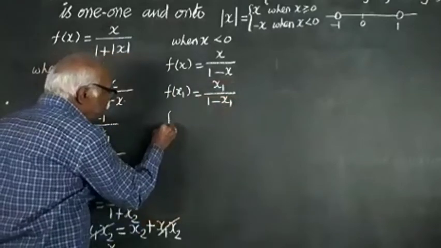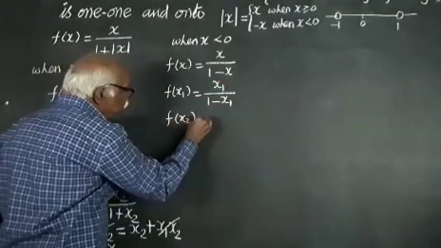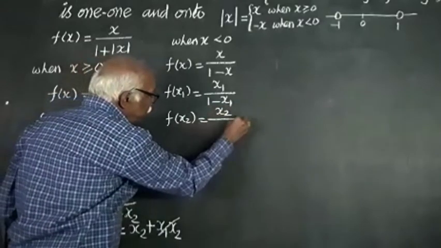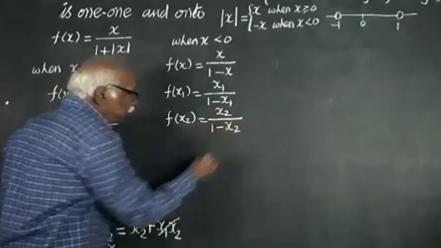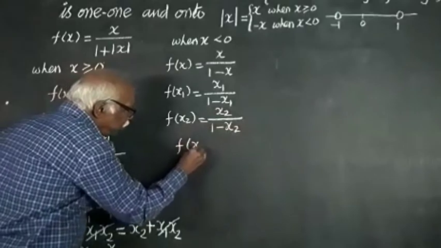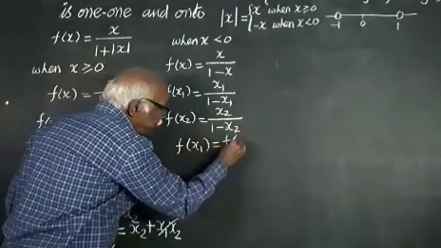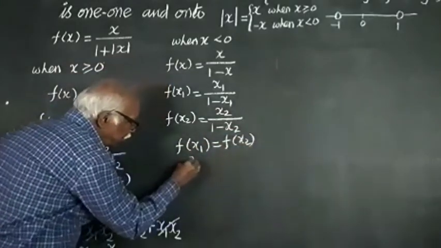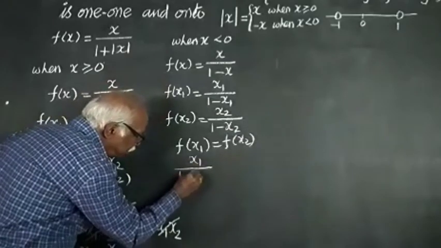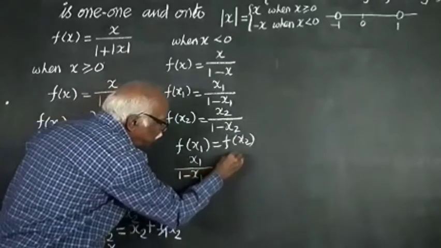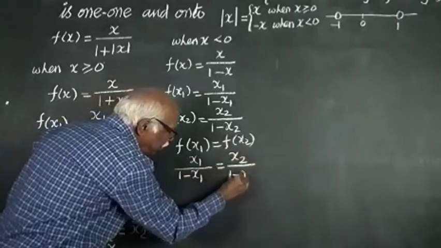What is f of x2? f of x2 equal to x2 by 1 minus x2. Assume f of x1 equal to f of x2. x1 by 1 minus x1 equal to x2 by 1 minus x2.